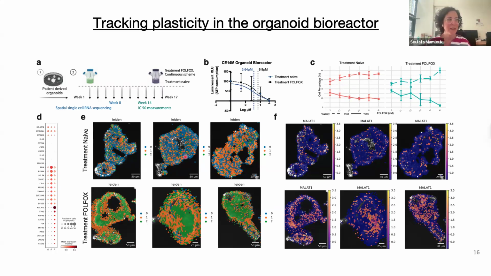So at the top, you're looking at organoids that have had no treatment. After this was 8 weeks when we look at these samples, and the lower panel, they've had FOLFOX. It's a cocktail of chemotherapies that are used in colorectal cancer. And you could right away appreciate that the orange and the green cluster, let's say, so the 1 and 2, are completely differently arranged. And really significantly, you have this orange cluster that's at the outside and green that kind of goes towards the inside.